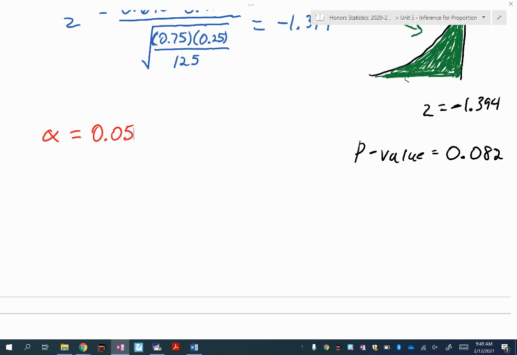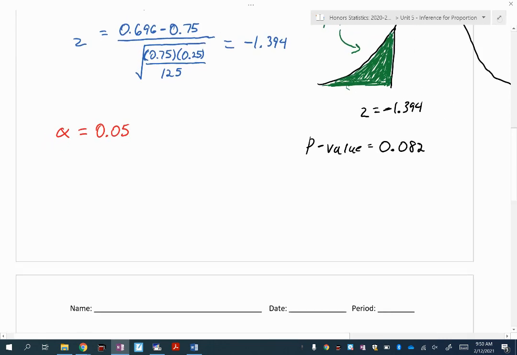So for this problem, our p-value of 0.082 is actually above our alpha. So we do not have enough evidence to say that the company negotiator is correct, that it's actually below 75. We still think at this point that it's going to be 75%. So I'm going to write that as a conclusion.